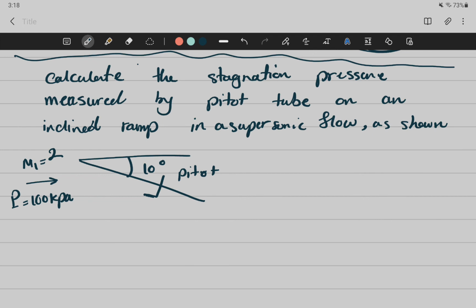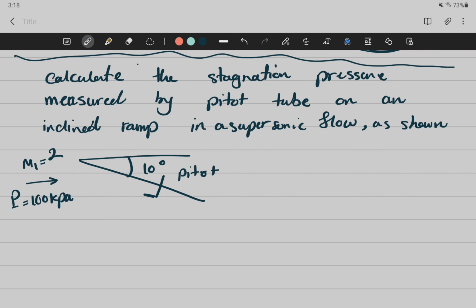So, first thing you need to do here is to determine the type of shock waves and the number of shock waves you're going to have here. Are we only going to have one shock wave or a couple of shock waves? I think we'd have a strong and a weak.